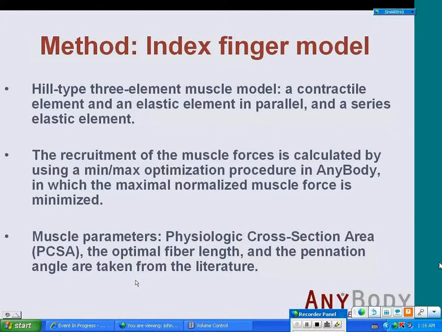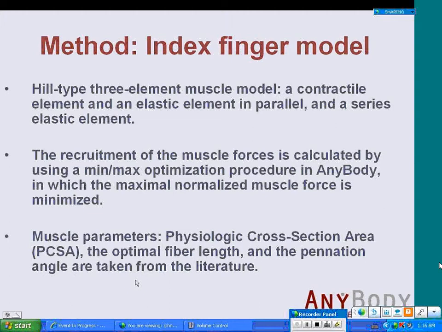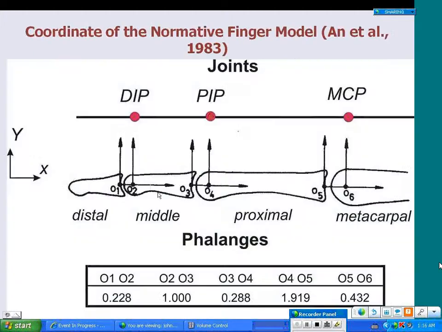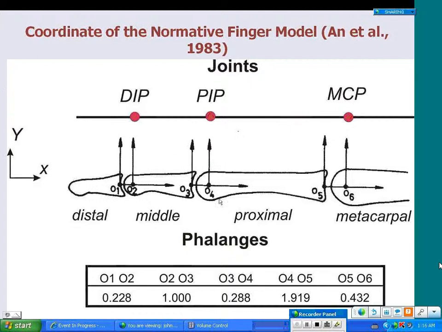Here shown is the nominative model proposed by Dr. An. All the dimensions are normalized to the section in the middle finger, O2, O3. This is normalized to 1. All the other dimensions are normalized to this one. So all the attachment locations are also dimensionless, normalized to O2, O3.